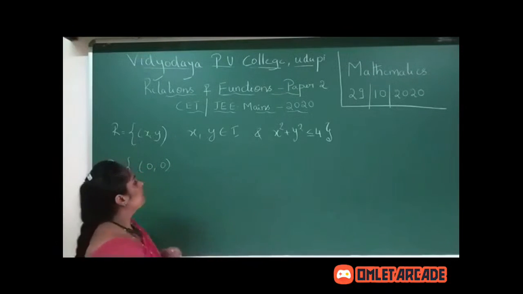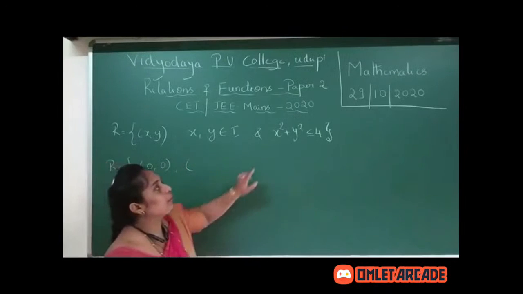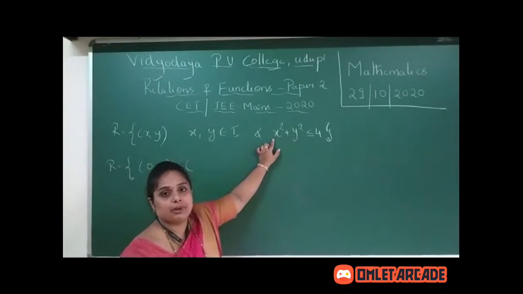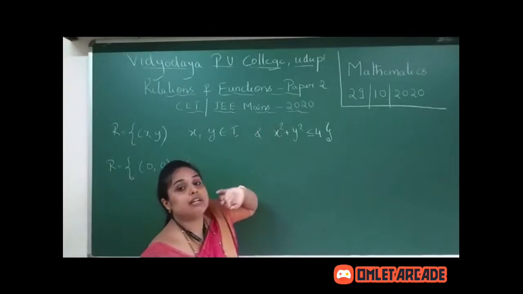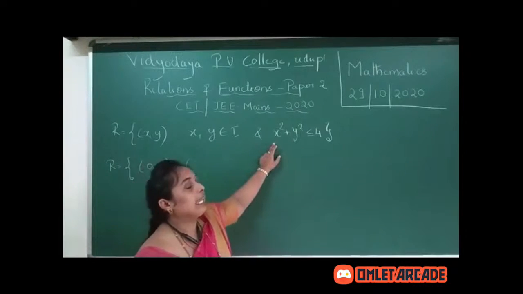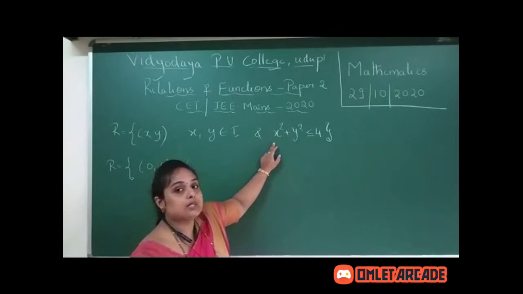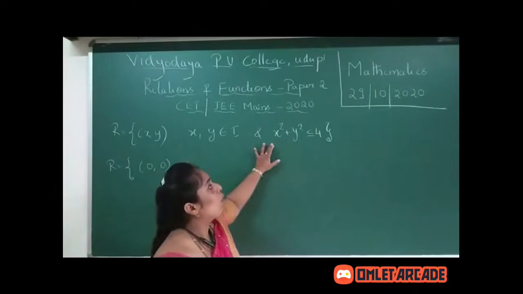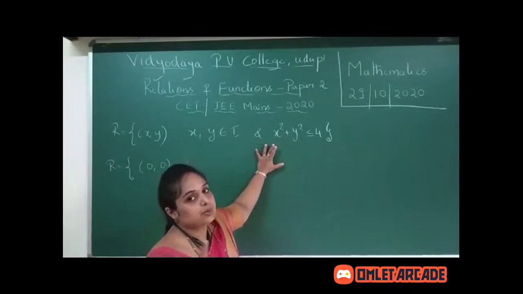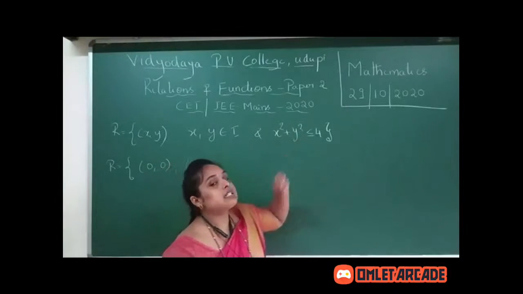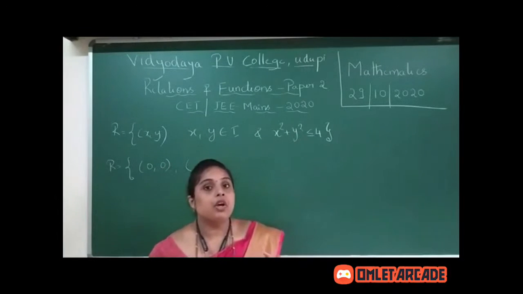Okay, next. What if I put x as plus 1 or minus 1? It does not make any difference because by the square it becomes positive. So if I put x as plus or minus 1 and y as 0, what will I get? 1 square is 1, minus 1 square is also 1, plus 0 square is 0. So 1 plus 0 will be 1, and 1 is also less than 4.